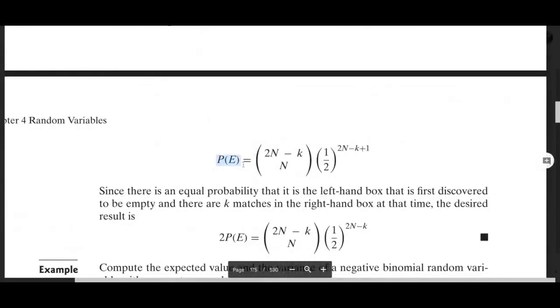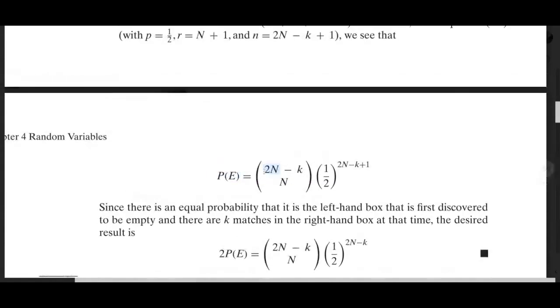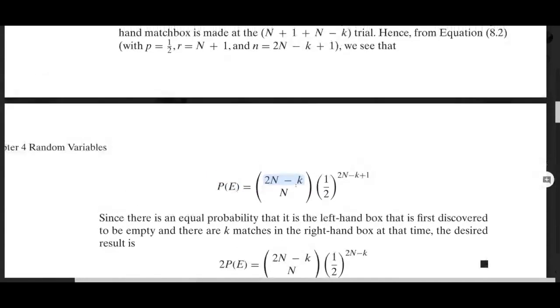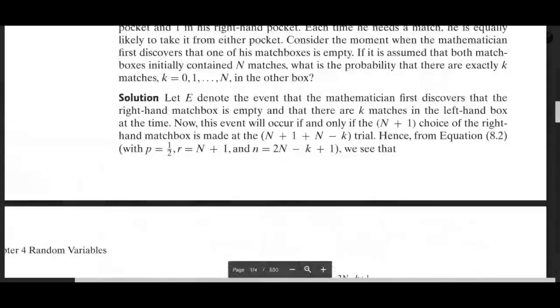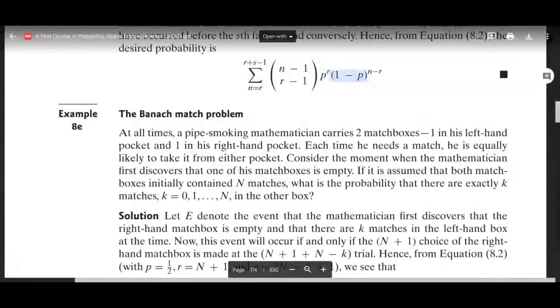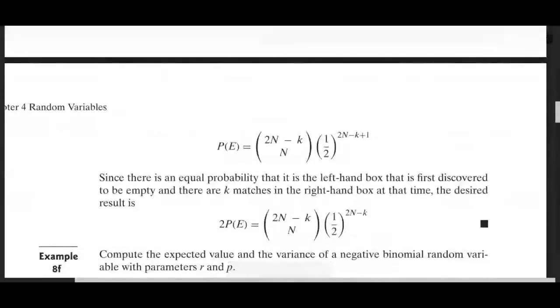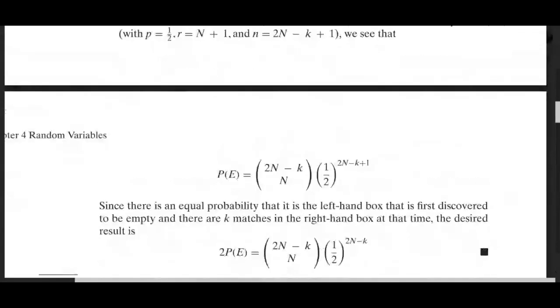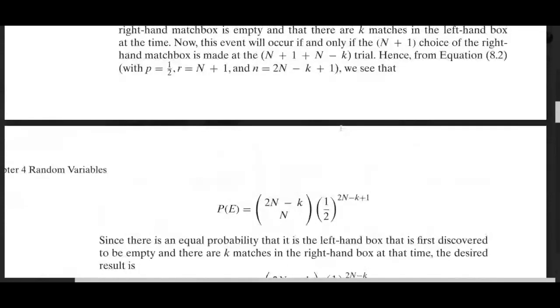Then the binomial coefficient is n+1 minus 1, which is n. Since p equals a half and 1 minus p also equals a half, this is already combined together. So we have n plus 1, 2, so we have 2n minus k plus 1.